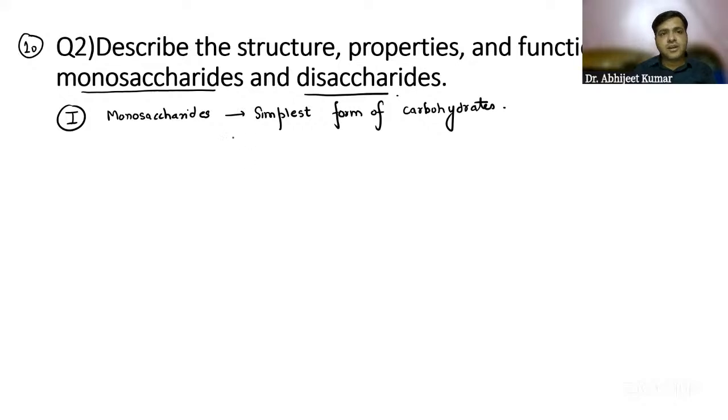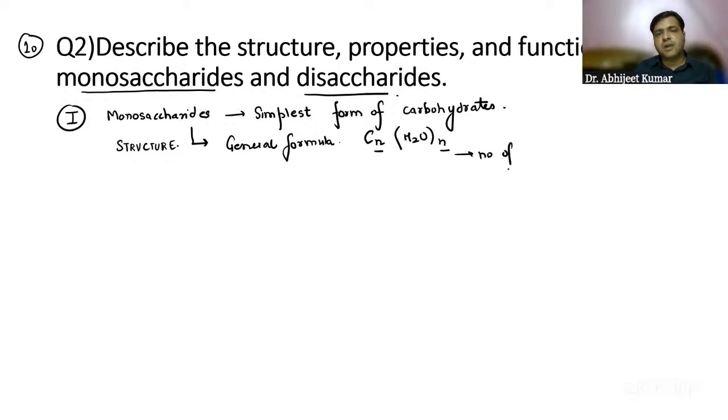Now, the general formula that you have to remember, very important for the structure, is Cn H2n On, where n depicts the number of carbon atoms, and n should be greater than or equal to 3.